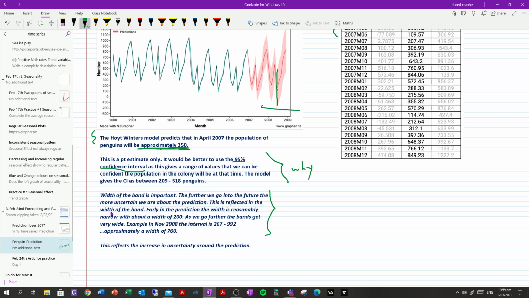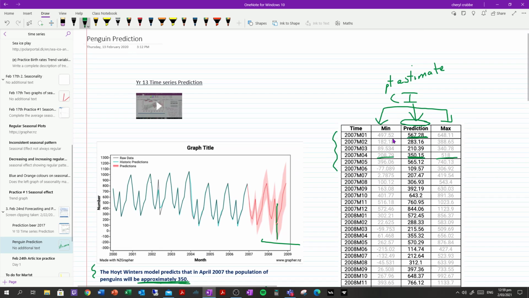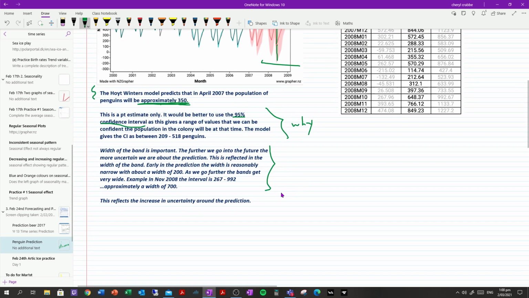This is reflected in the width of the band. Early in the prediction, the width is reasonably narrow. And it's good to give an example of what the width is, with the width of about 200. So again, if we go up to here, that's about roughly 500. This is around 700. So it's about a difference of 200. You don't have to be exact with it. And as we go further, the bands get very wide.